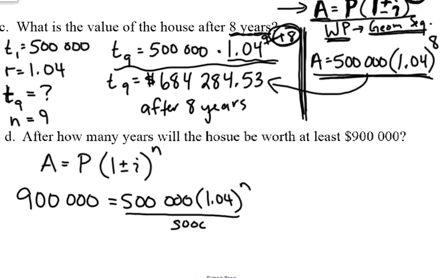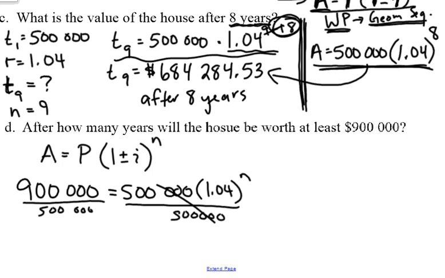Well, I can start by dividing by 500,000 on both sides. And when I divide by 500,000, I end up with 1.8 equals 1.04 to the N. Well, in order to find exponents, this now is a guess and check.